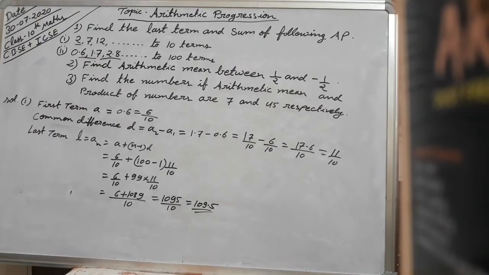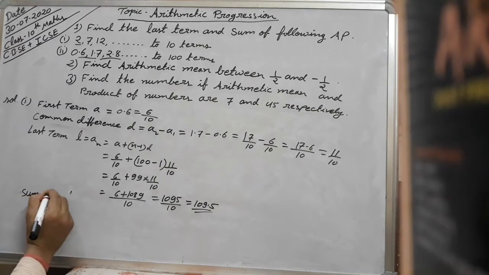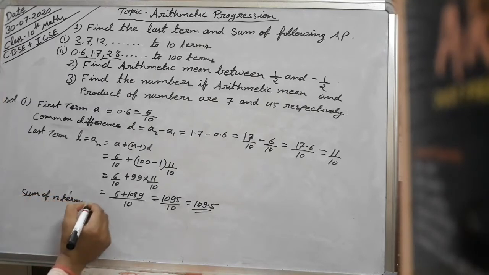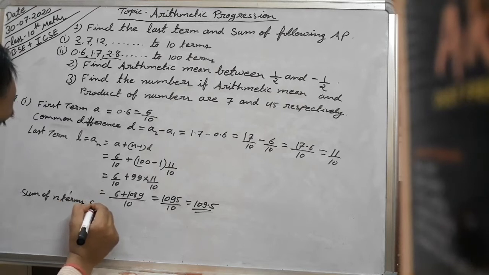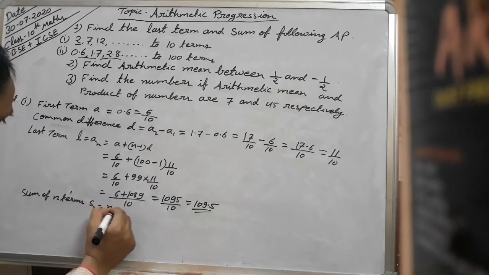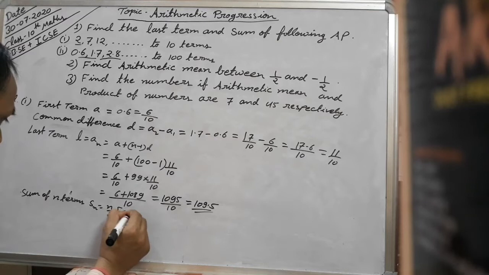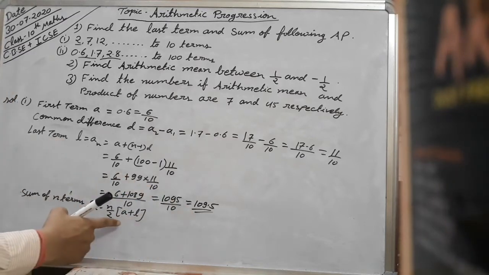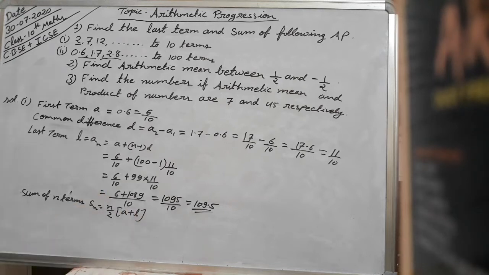Again, the sum of 100 terms, sum of n terms. You have to write the formula Sn is equal to n by 2 into A plus L. Since the last term value is given here, we are taking this formula, A plus L. Sum of how many terms?